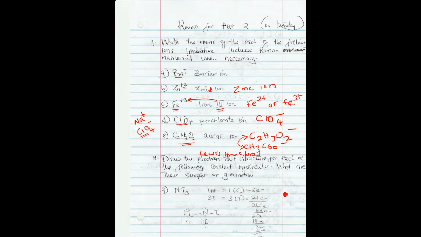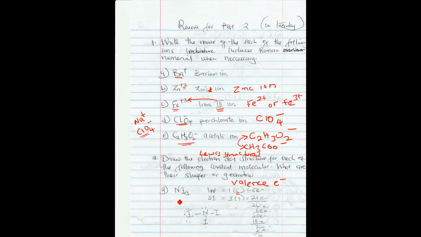So again, like you did, the first step is to find the total valence electrons. Nitrogen is in the 5th column of the periodic table, so it has 5 valence electrons. You have 3 iodines.